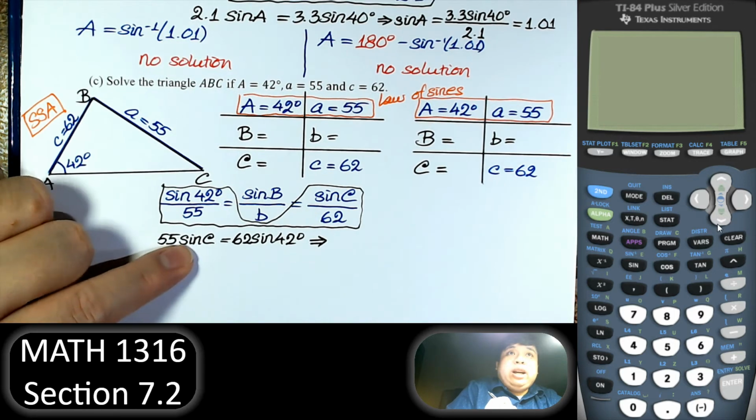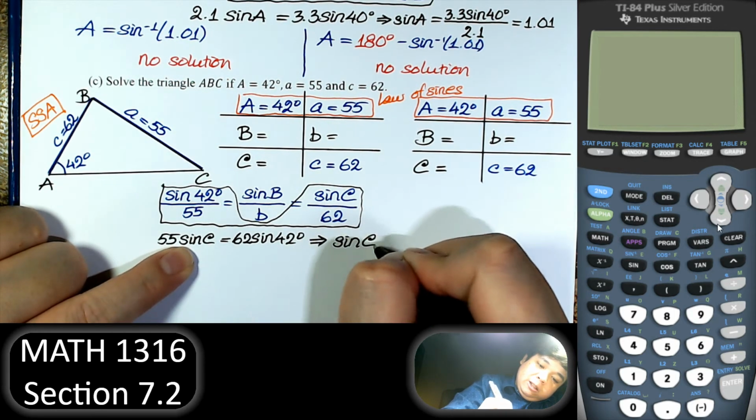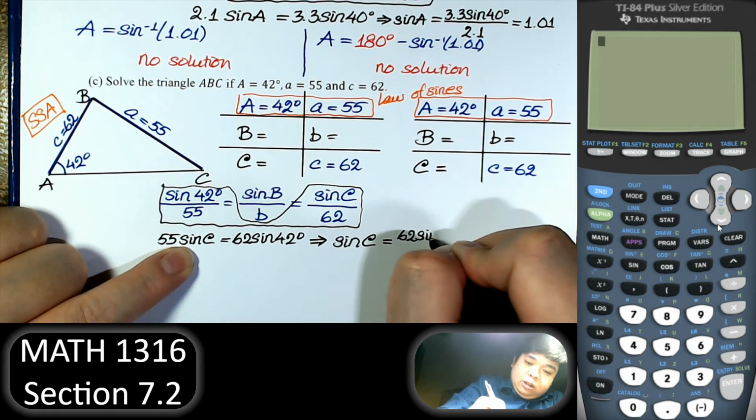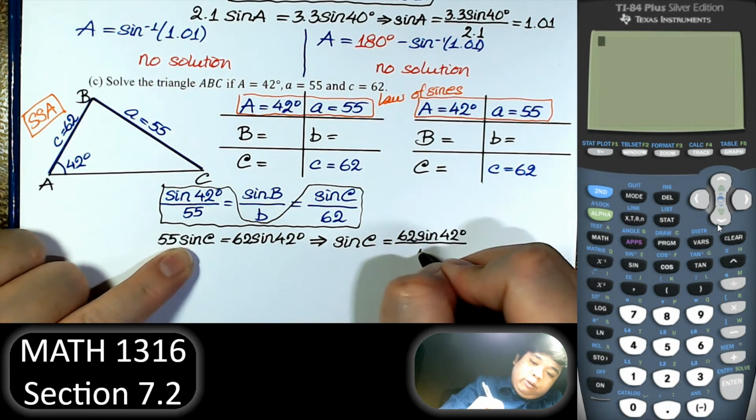In that case, we can get sine of C equal to 62 sine of 42 degrees over 55.